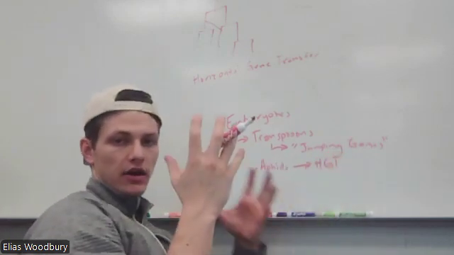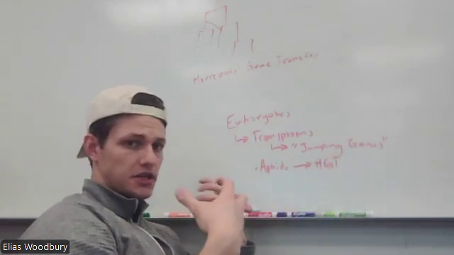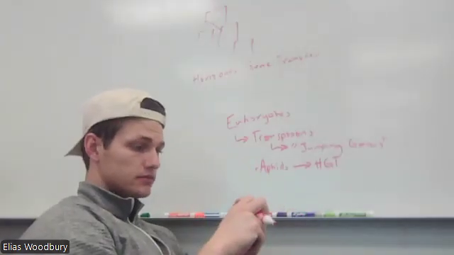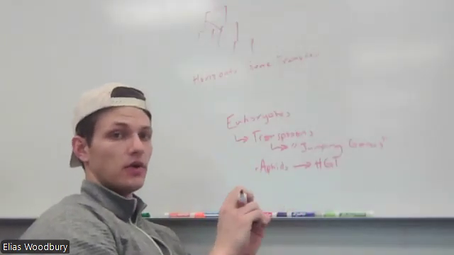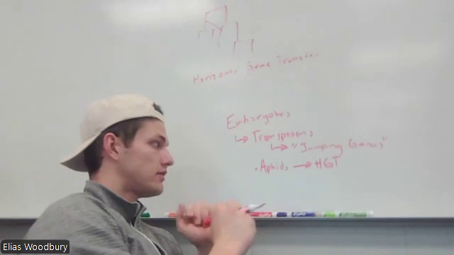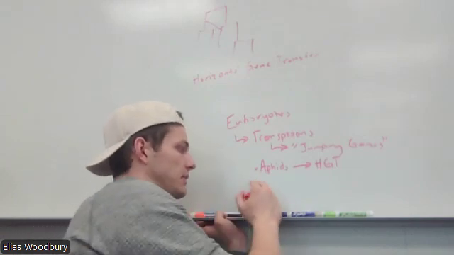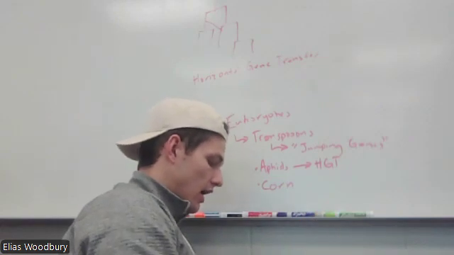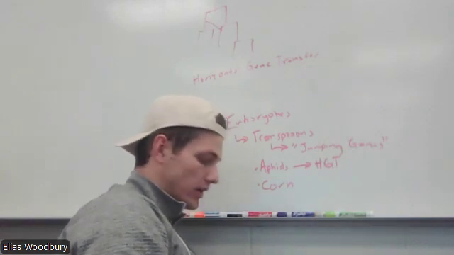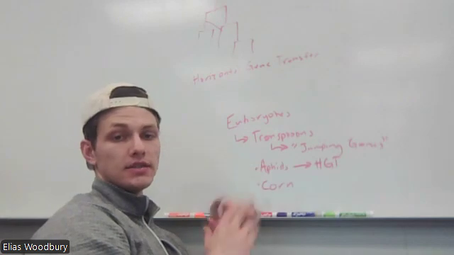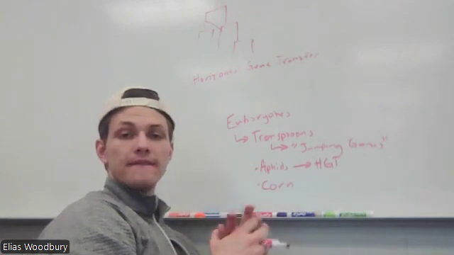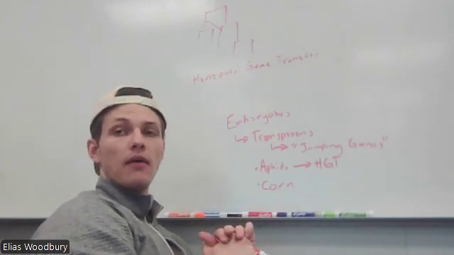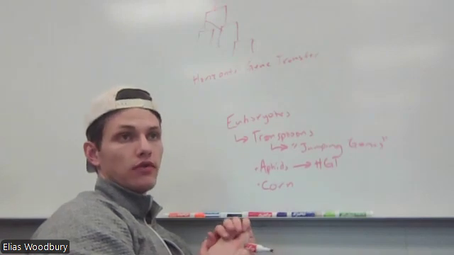So green aphids, they eat this HGT and they turn red. And it's literally because their genetic code changes when they eat this stuff. Another example we have is corn. Corn does this, and I don't even know how it does it. To be honest, don't care. Just know that, and you should do well for your exam.